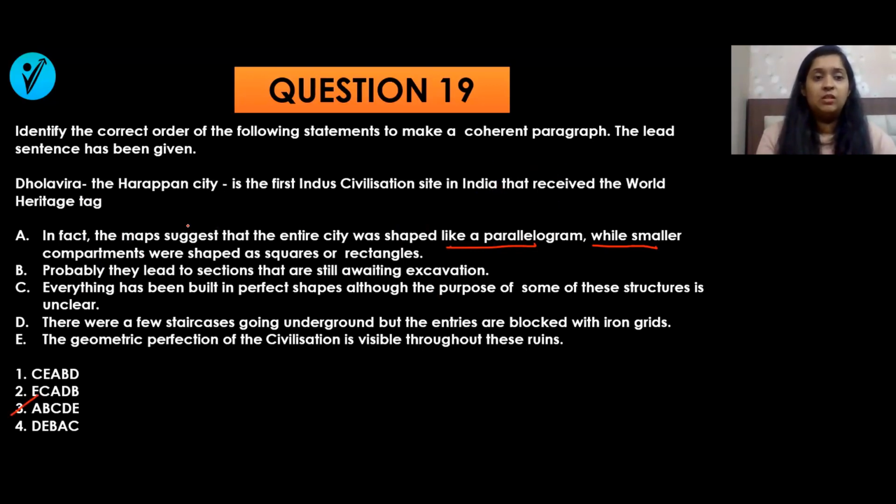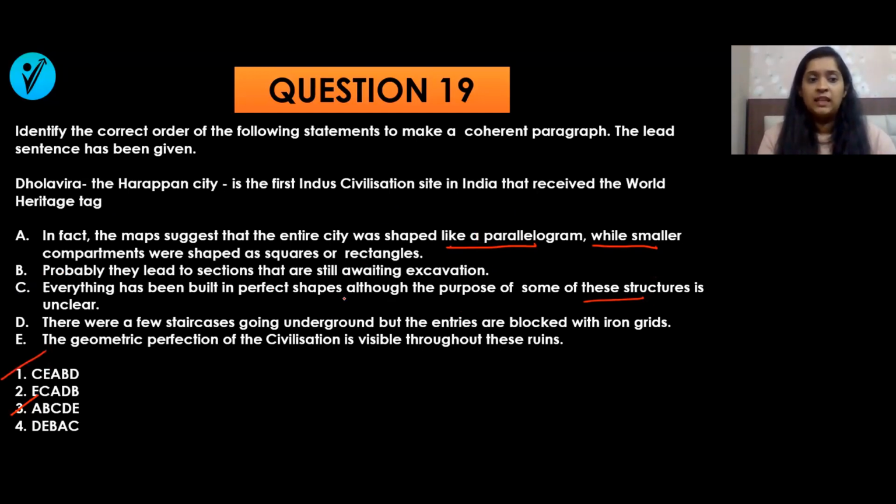Now, let's look at C. Everything has been built in perfect shapes, although the purpose of some of these structures is unclear. So, which structures? We are not talking about any structures till now in sentence C. So, I can actually eliminate option 1 from here as well.